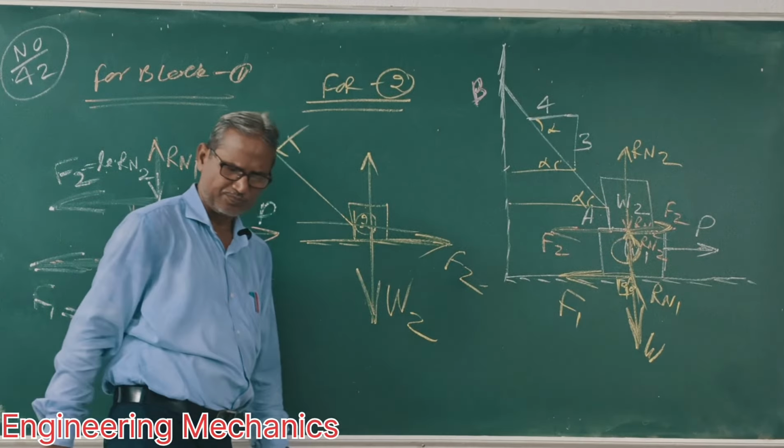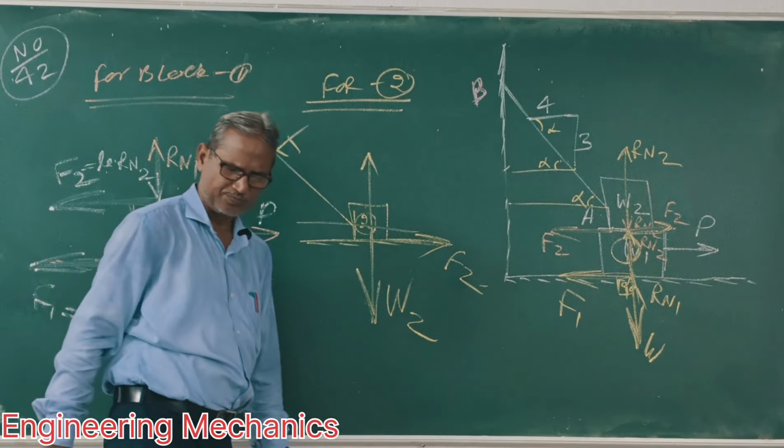Rn2 is equal to W2 minus T sin alpha. Clear? This is equation 1.